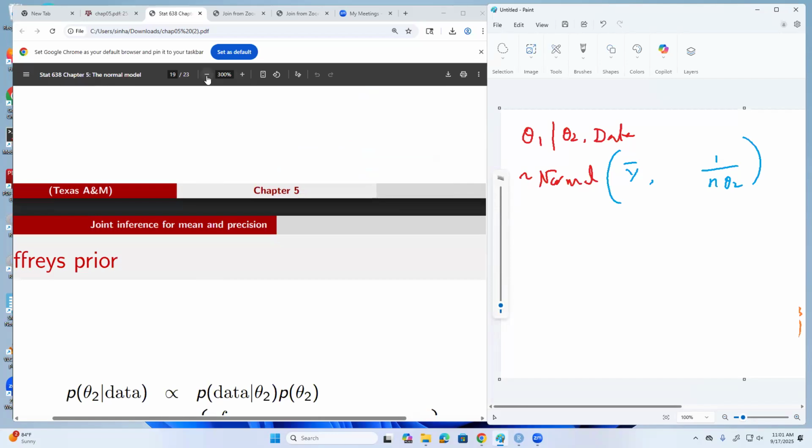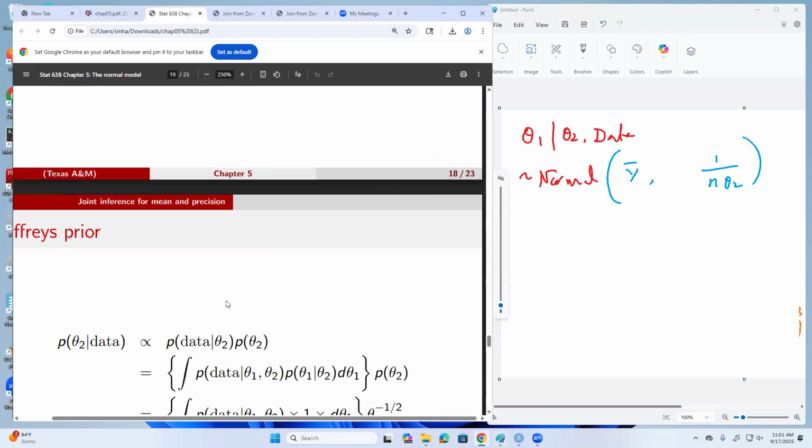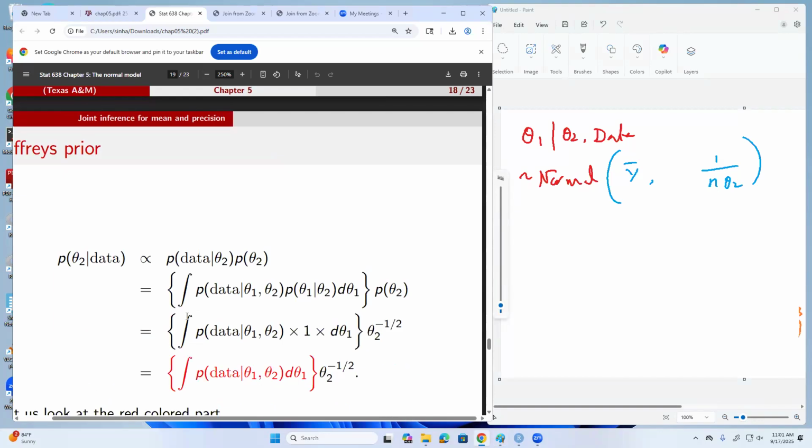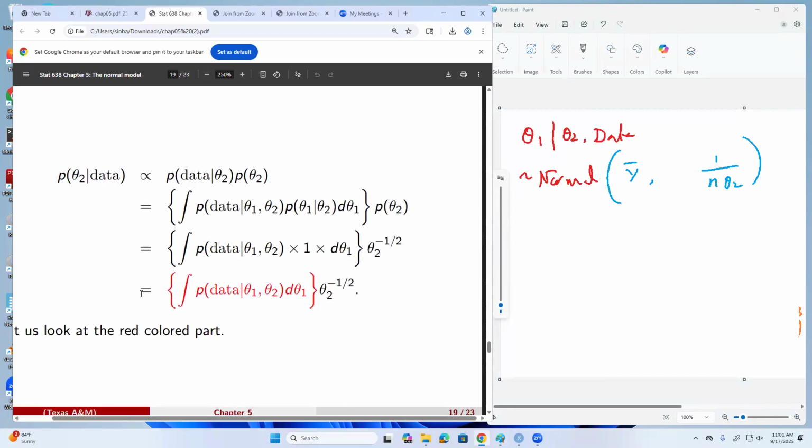And what about the posterior distribution of theta 2 given data? Let's look at that part. The posterior distribution of theta 2 given data involves the data only in terms of theta 2, and the prior distribution of theta 2. You get it by integrating out theta 1 with respect to the conditional prior, which is 1 in the Jeffreys prior case.